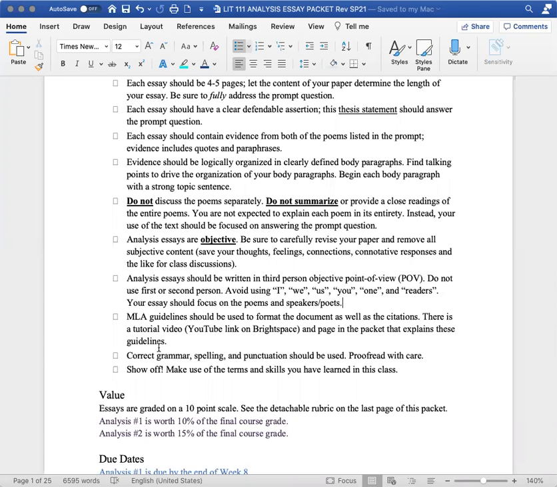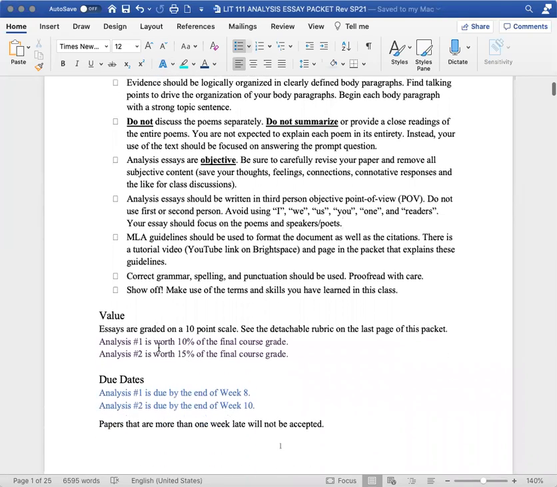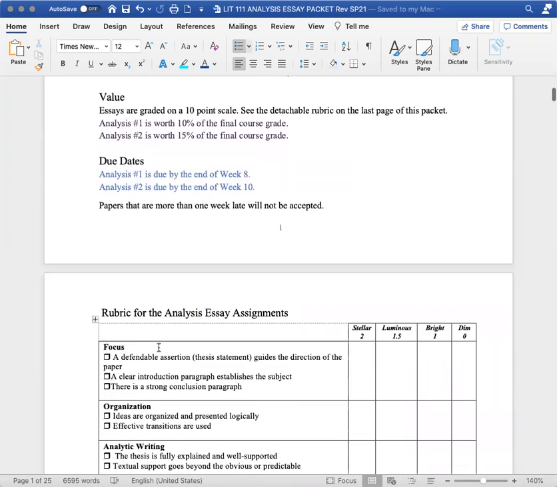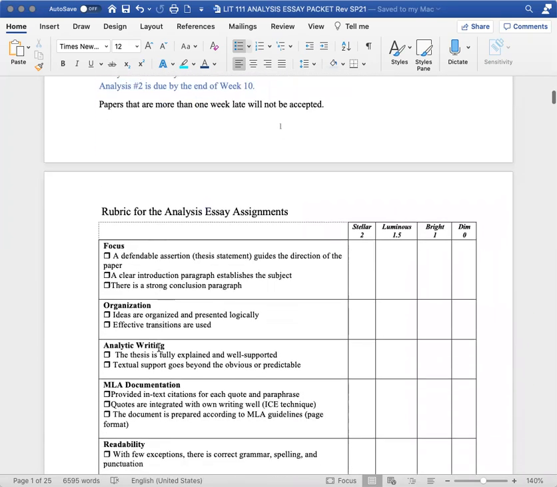So if those are a part of your response to the prompt, then by all means, feel free to use some of those terms. Some of the prompts are going to ask for specific terms, so we'll get to that in a second. And then these essays are graded on this 10-point scale, which is here, this rubric.